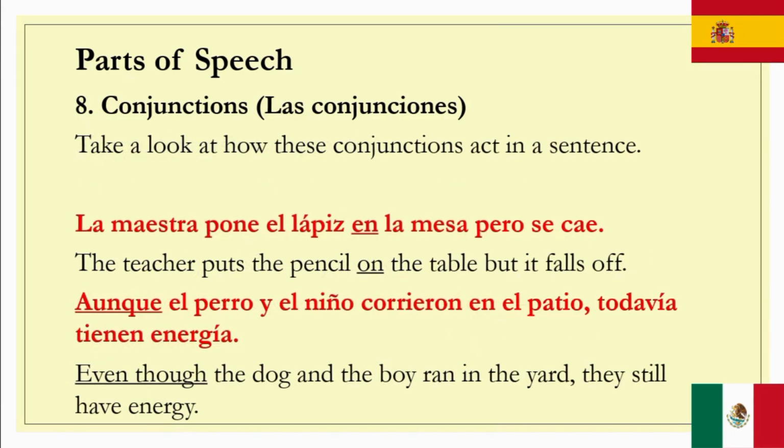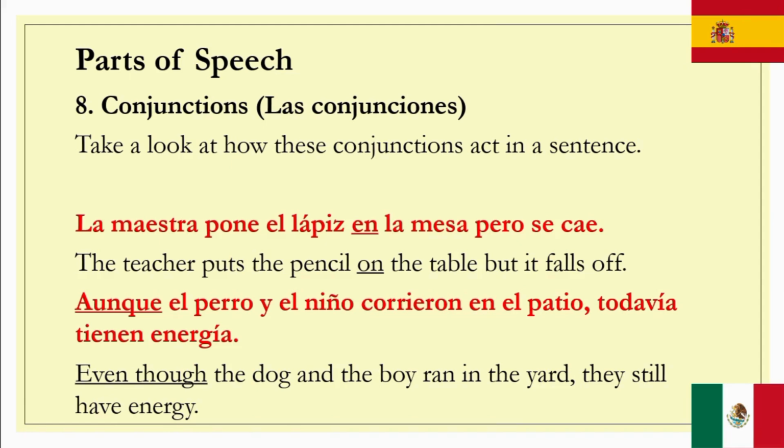But here we have some examples of how to use them and how they work in an actual sentence. Take a look at how these conjunctions act in a sentence. The teacher puts the pencil on the table but it falls off. So, la maestra pone el lápiz en la mesa pero se cae.